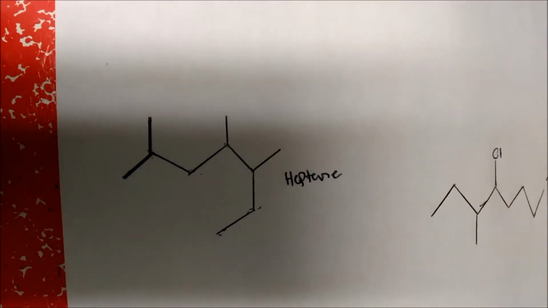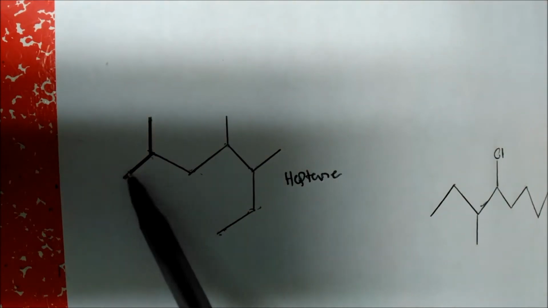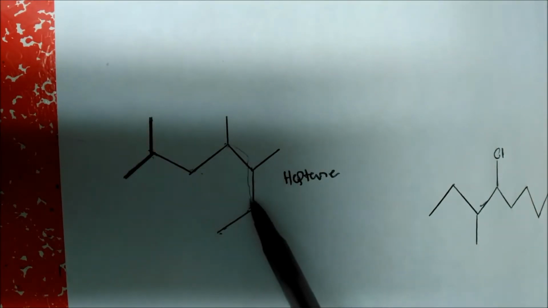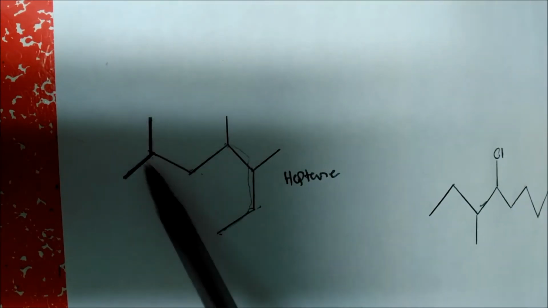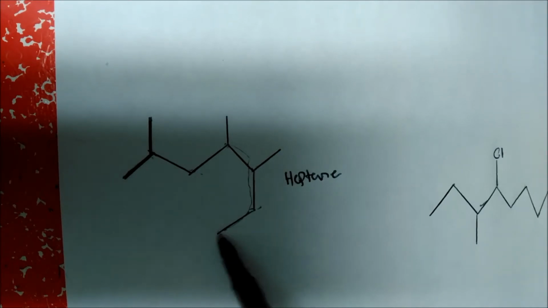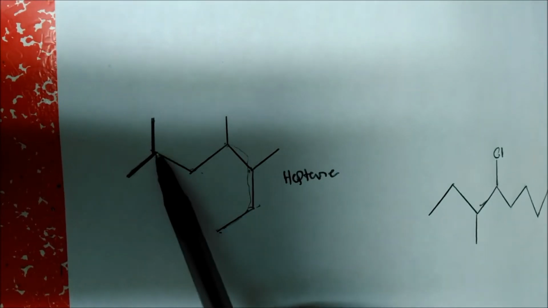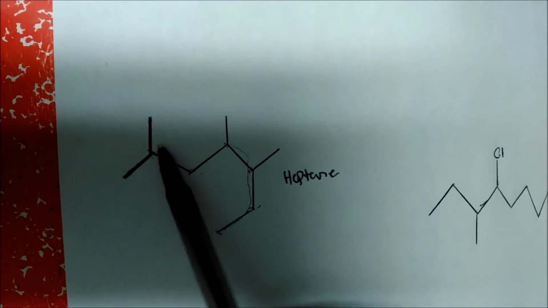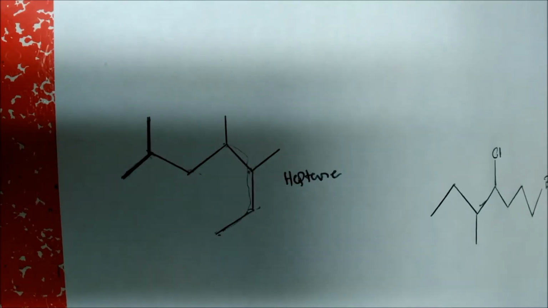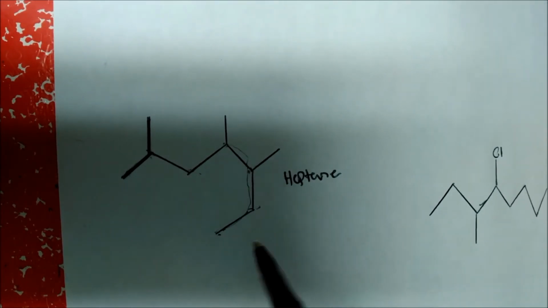Now we've got to identify the substituents. Remember, this is our carbon chain, and all these are substituents. Now I can't start from here because my first branch point doesn't come until carbon 3. Here, my first branch point comes at carbon 2. So I'm definitely going to start counting from here. We identified the parent chain as heptane.